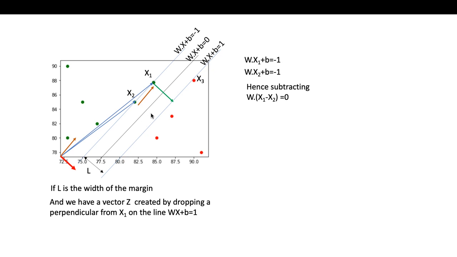If we can drop a perpendicular from x1 on the -1 line to the +1 line, then the length of that vector would actually be L, right? Let us call that vector Z. And we can see that this vector is also perpendicular to x1 minus x2, right?